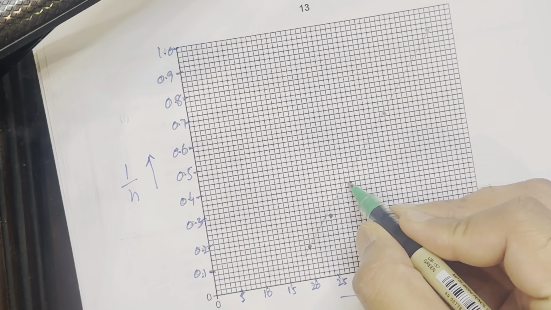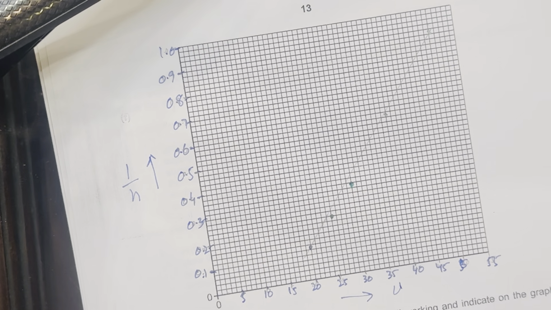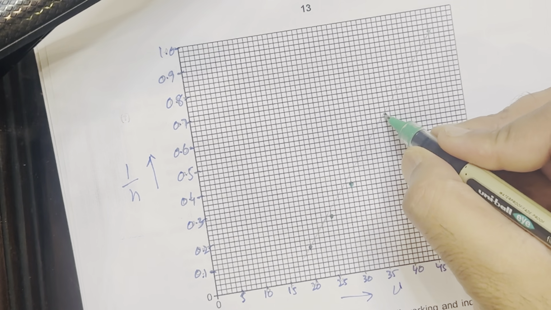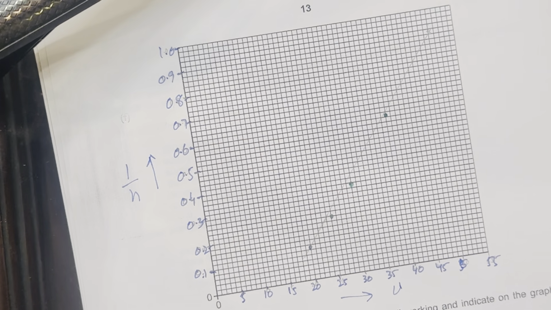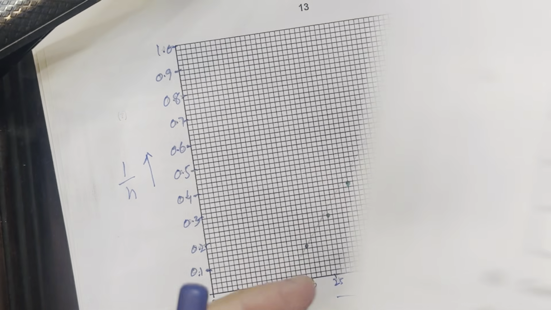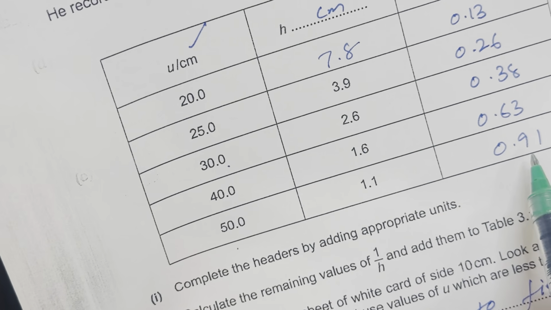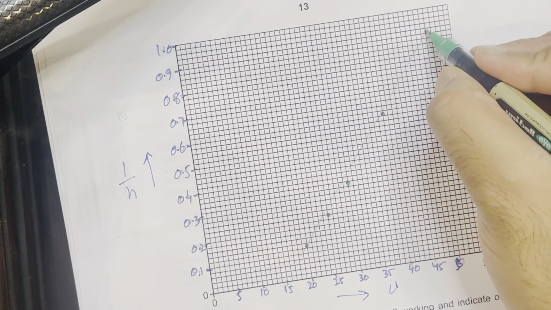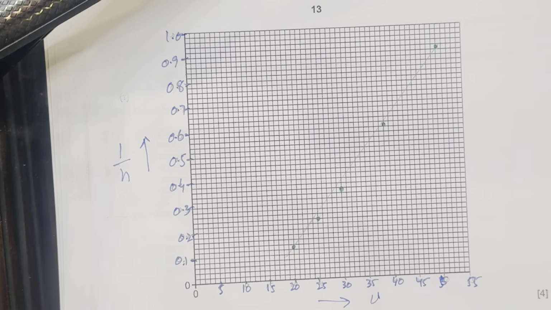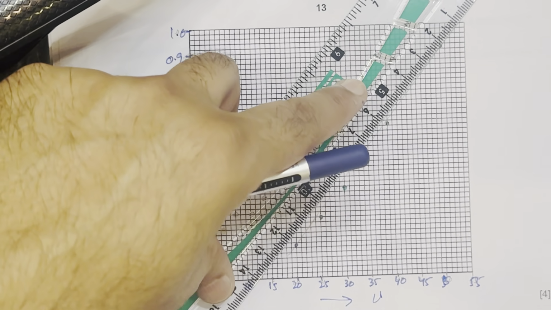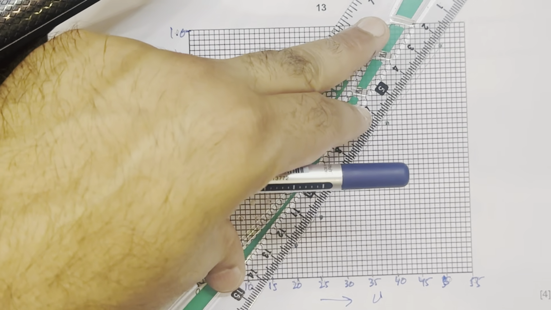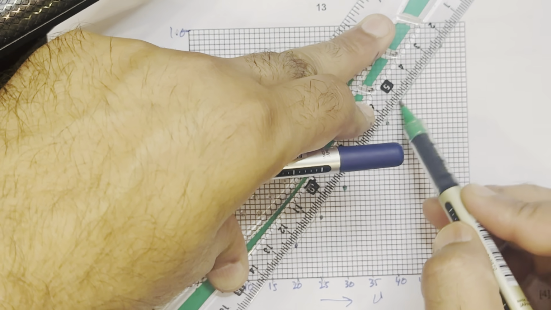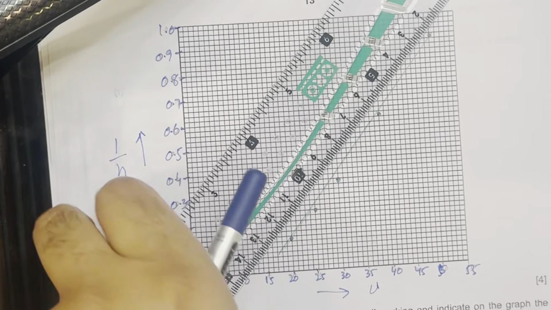Now next is 40 and 0.63, and the last point is 50 and 0.9. So we need to draw the straight line that is the best fit, as the question requires. I'm going to plot the best fit line. Okay, it looks like that.